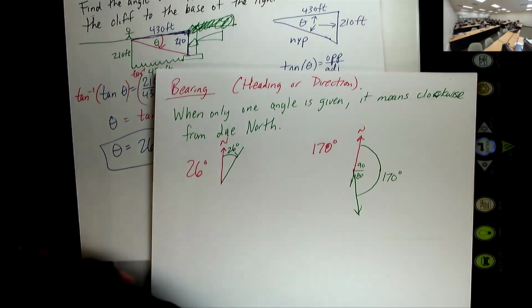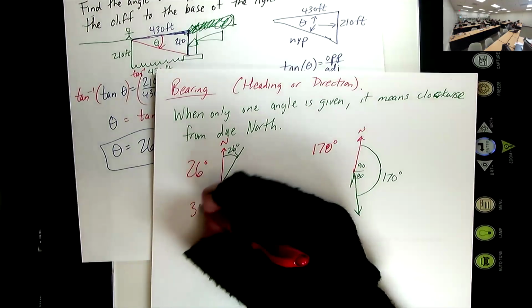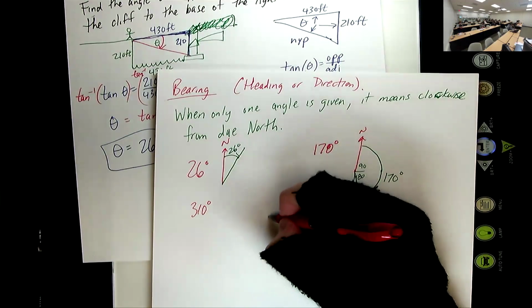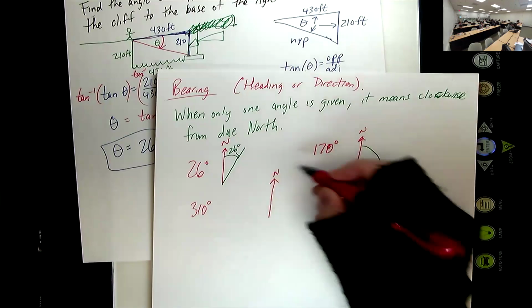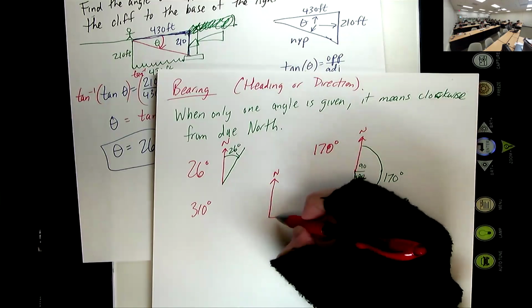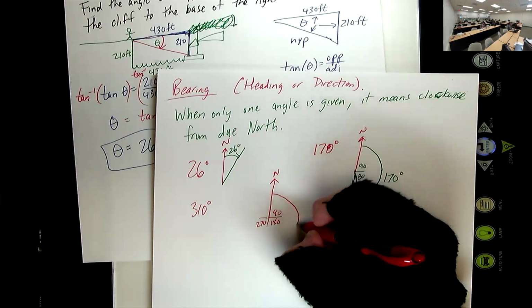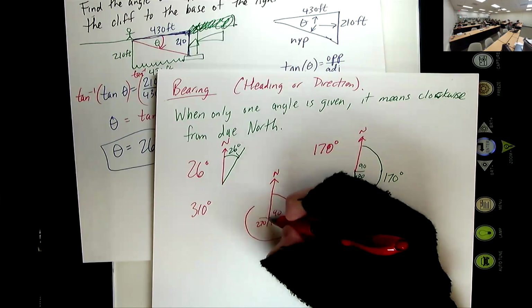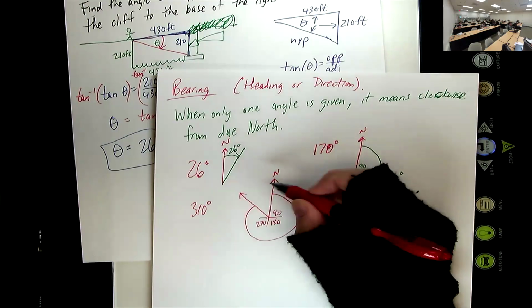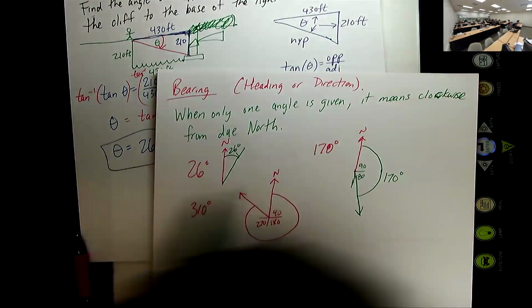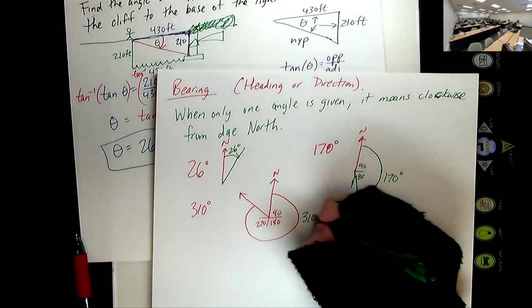And if they have something like 310, that's 90, that would be 180, this would be 270. It means going all the way around till we get to about 310, a little bit past the 270. That's 310 degrees.